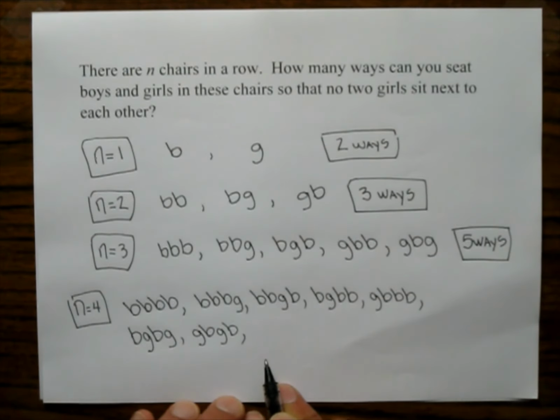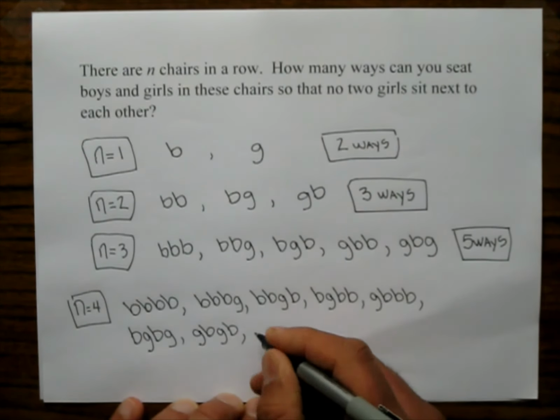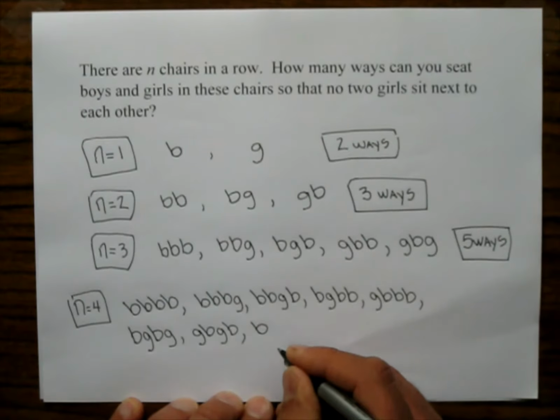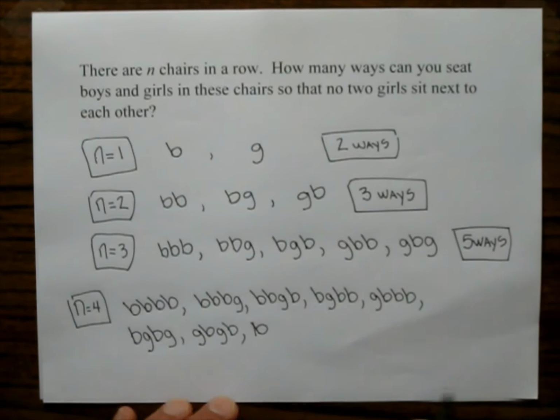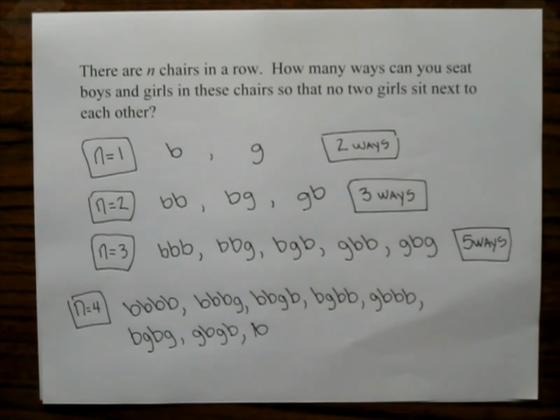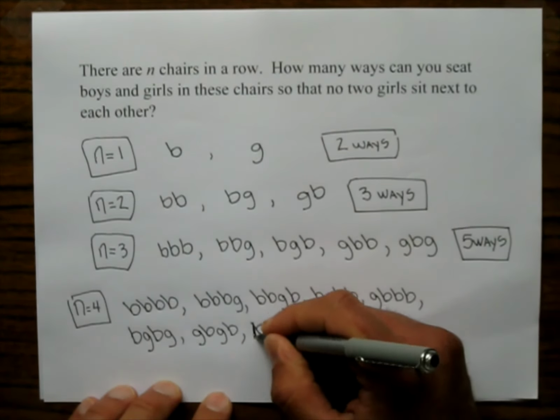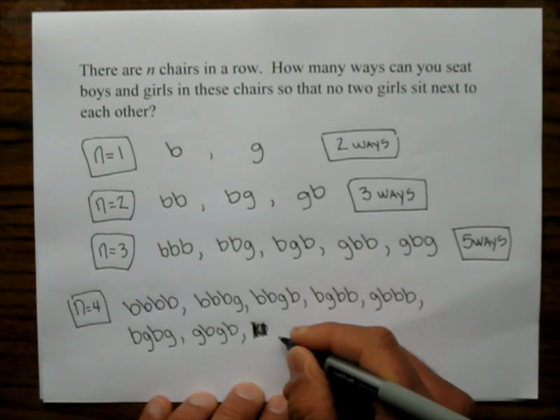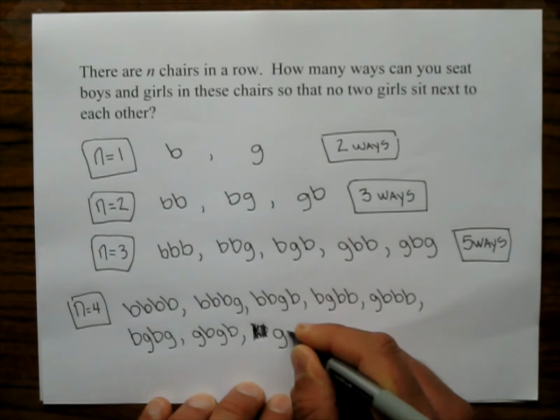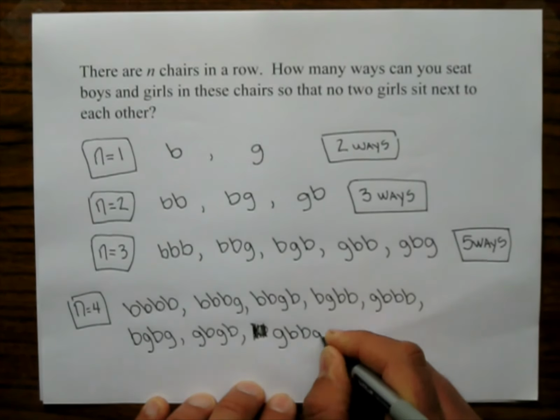And the only other way you can have 2 boys exactly is to put them, oh wait. Searching for something, but oh well, I can't find it. Let's just cross that out. So the only other way you can do this is to go girl, boy, boy, girl.